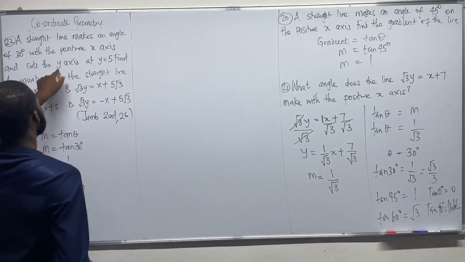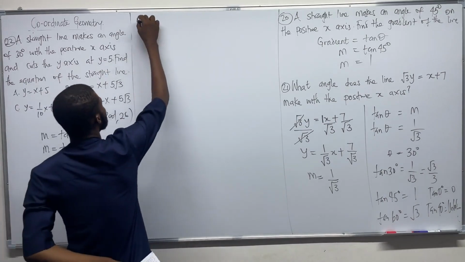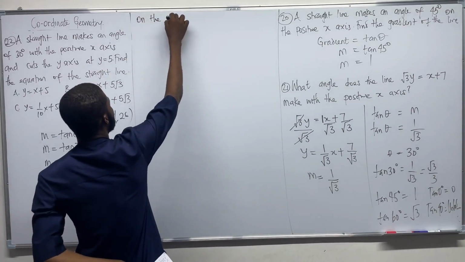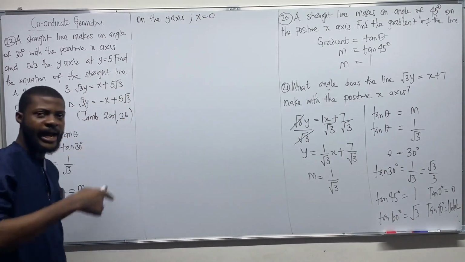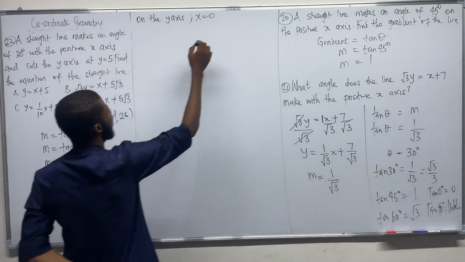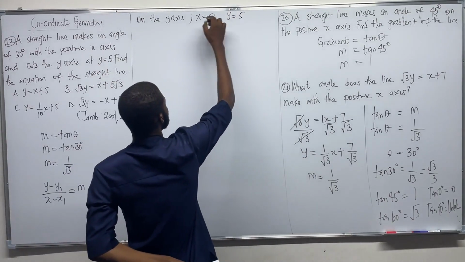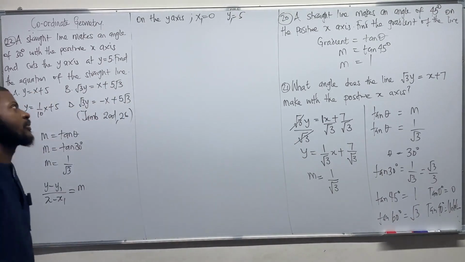So it depends on which axis. Now, since they said the y-axis, x is always 0 on the y-axis. Then they said the point where it cuts it is y equal to 5. So this is x1, y1. That's what it becomes. So that's easy.